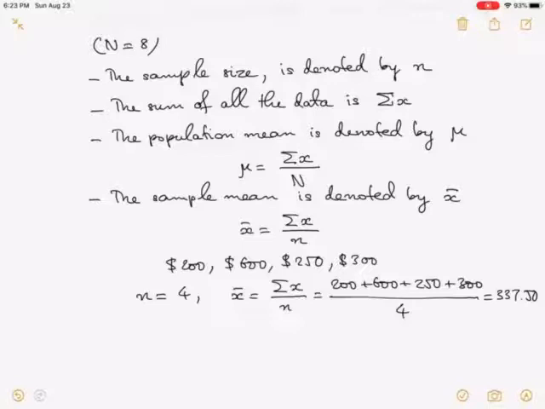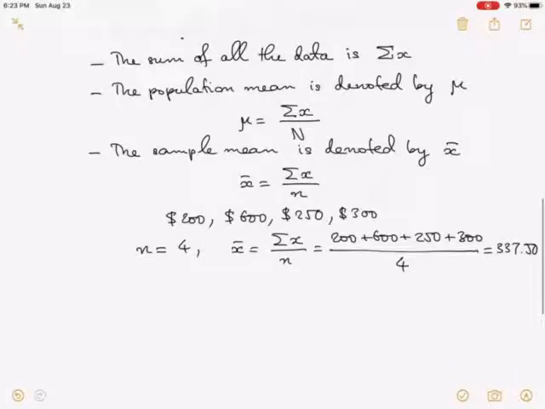So, the mean is sensitive to extreme values.